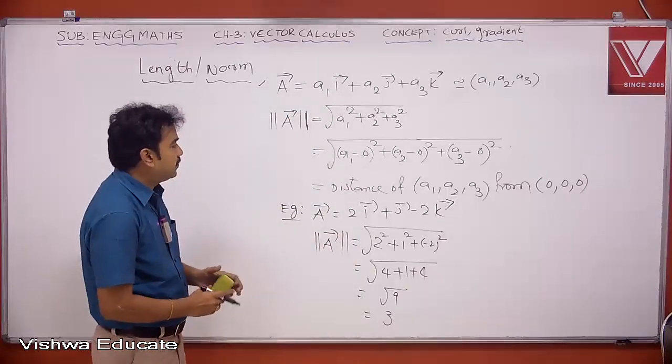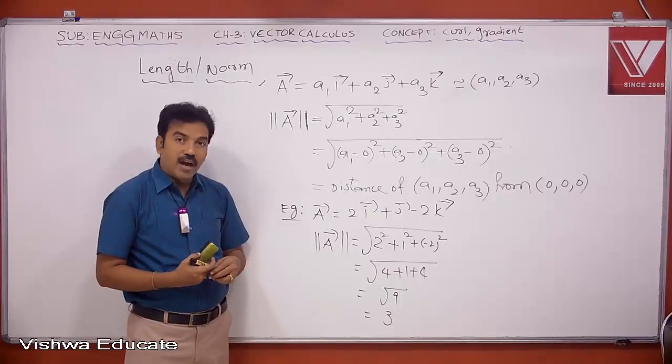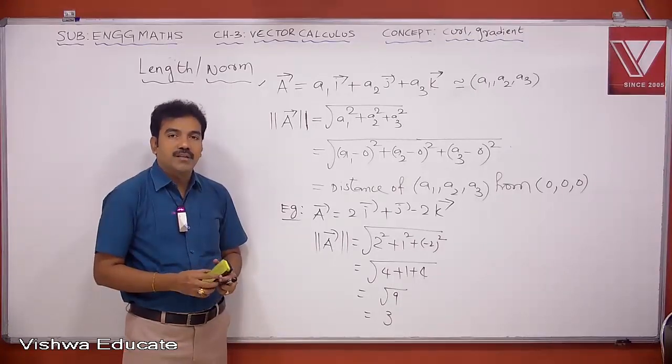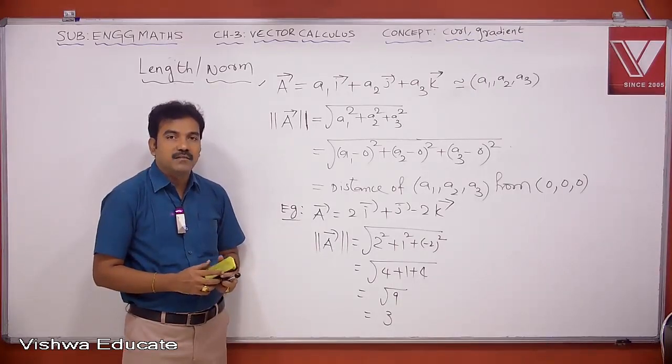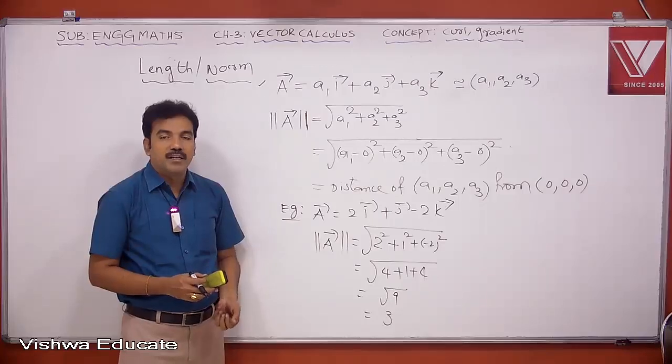Write this definition. Let A bar equal to A1 I bar plus A2 J bar plus A3 K bar be any vector.